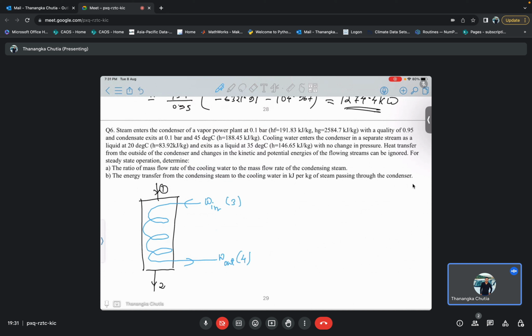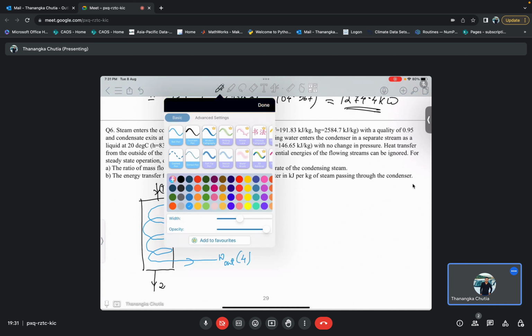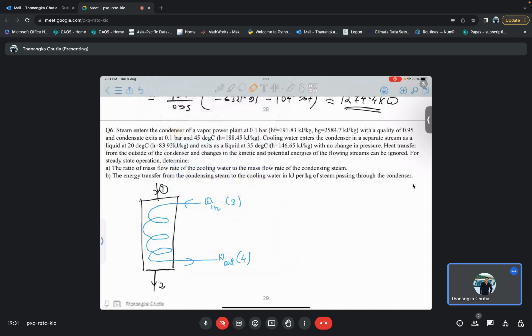This is steam in at state 1, and steam out at state 2.